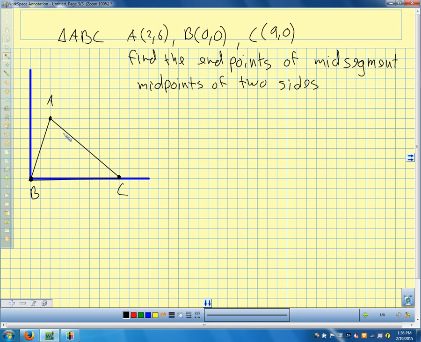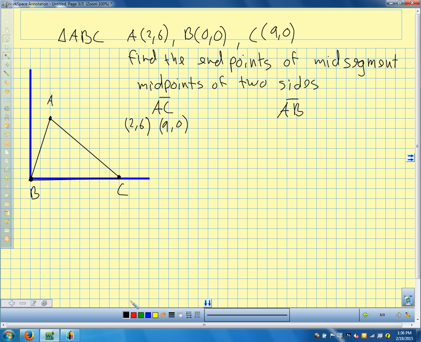So let's find the midpoint of segment AC. Let's find the midpoint of that one and segment, or sorry, AC and AB. So I'm just going to do them in columns here, find the midpoints of those sides. So the midpoint between AC. So that point is between 2,6 and 9,0.